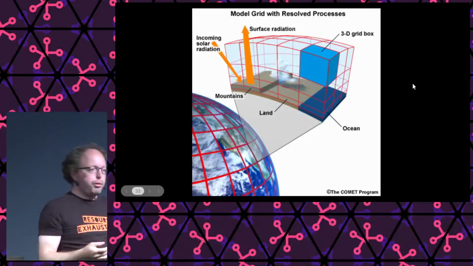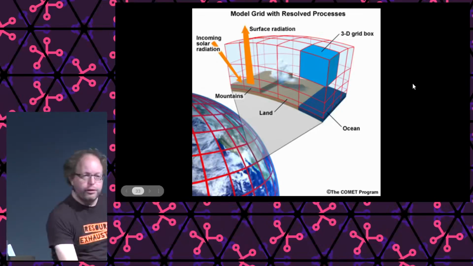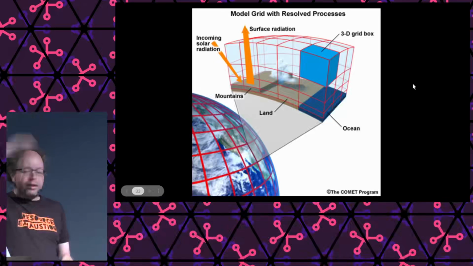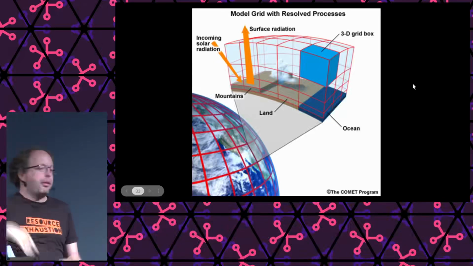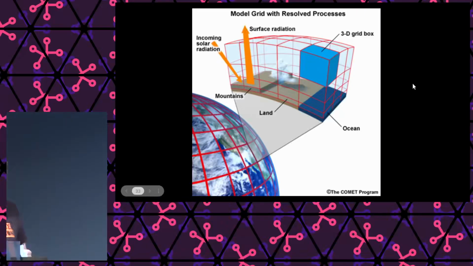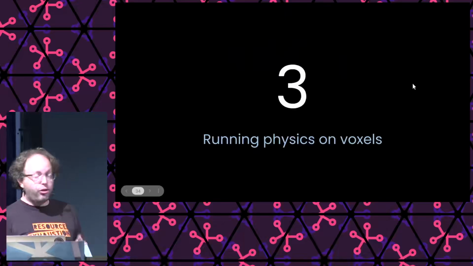So most models will use maybe 10 or 20 meter altitude steps very low down, up to maybe 500 meter altitude, and then 100 and 200 meters after that. But it depends on what exactly the model's trying to accomplish, okay? So having done that, now we get to run physics on these voxels.